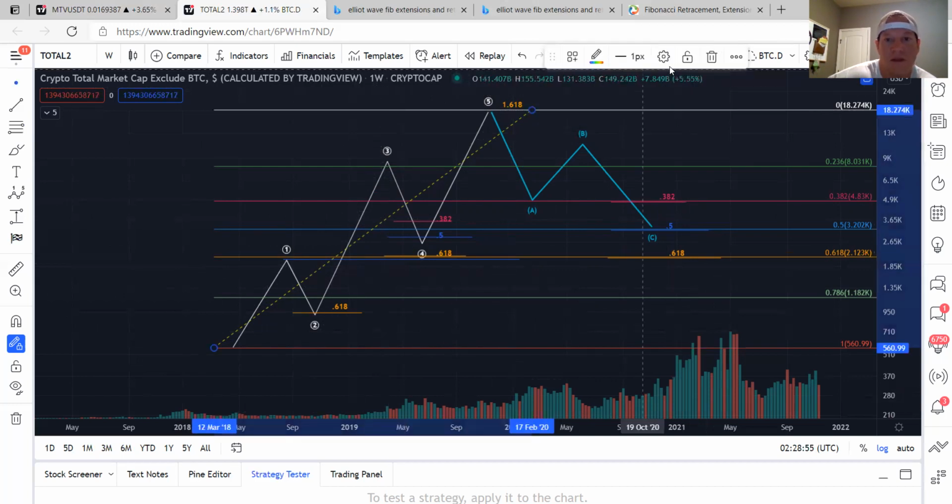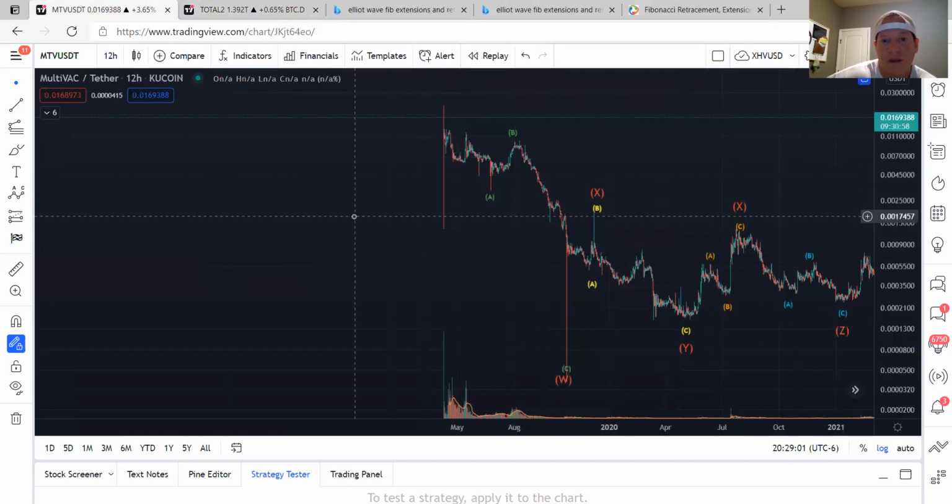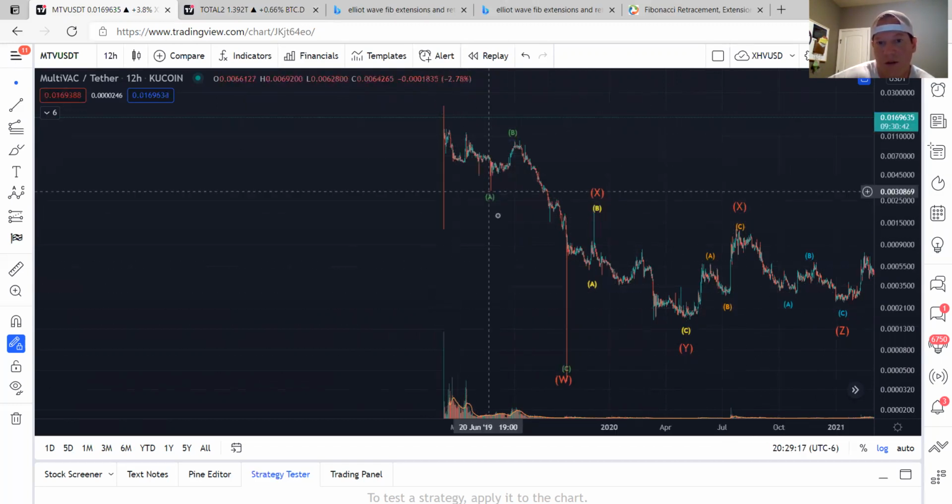So let's look at this on an actual chart here. Let's go look at MTV. So knowing where you are from an Elliott wave standpoint obviously is the most important. As I've mentioned before on my last MTV video, this is, in my opinion, a complex correction.